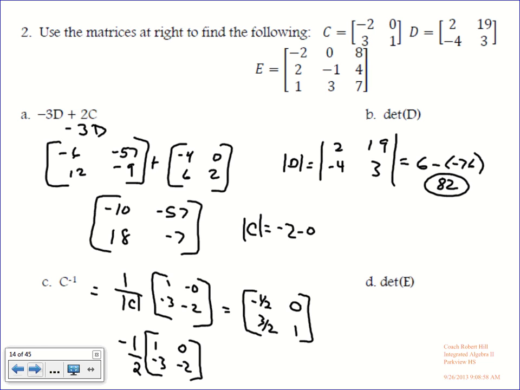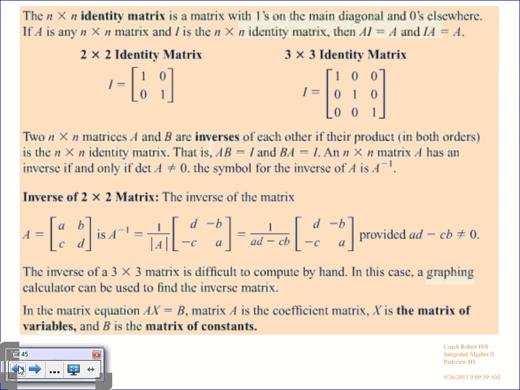Now, again, if you're one of those people who want to make sure you're getting the right answer, if you take matrix C inverse, which we calculated down there and got this, and matrix C, which was given to you, and you multiply those two together, you should get, very good, the identity matrix, which I talked about here.